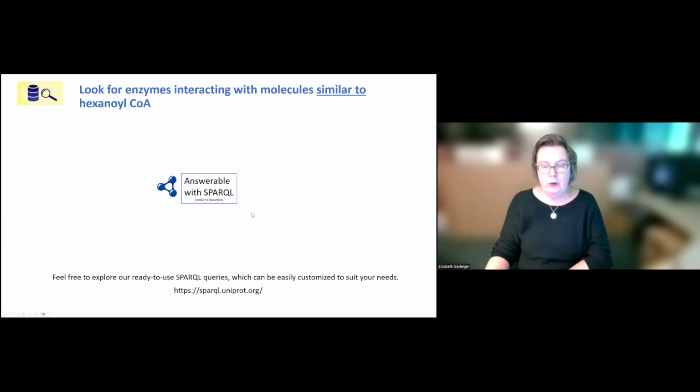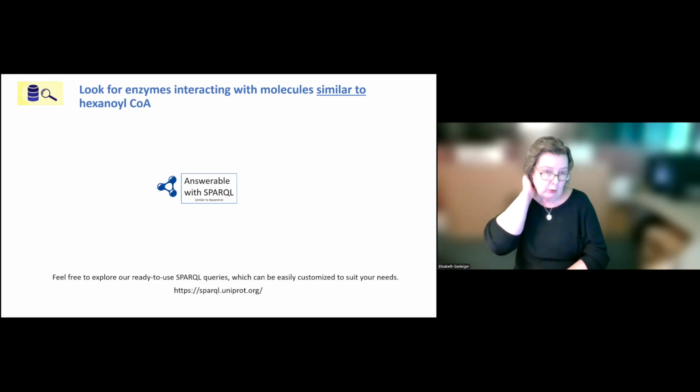If now we wanted to search for entries interacting not only with hexanoyl-CoA, but with molecules that are similar to it, this couldn't be done with the advanced search. To answer this type of more complex questions, we need to use a technology called SPARQL instead, which may look a bit daunting at first for non-experts, but feel free to explore our ready-to-use SPARQL queries.